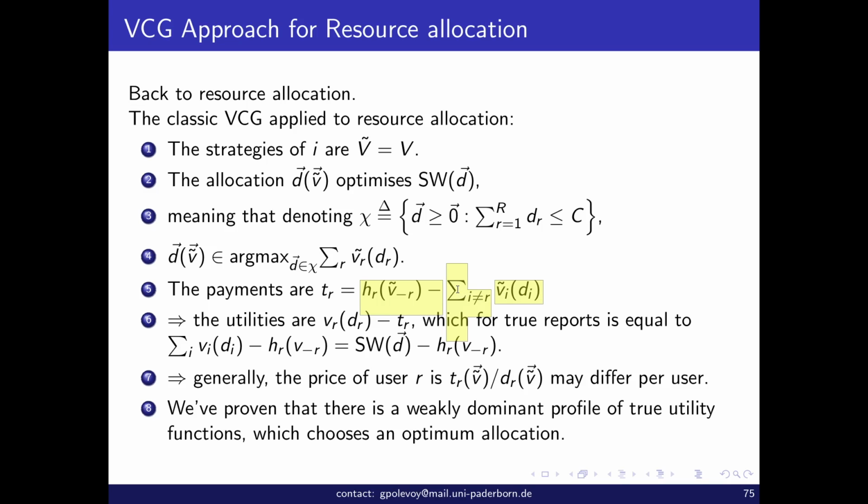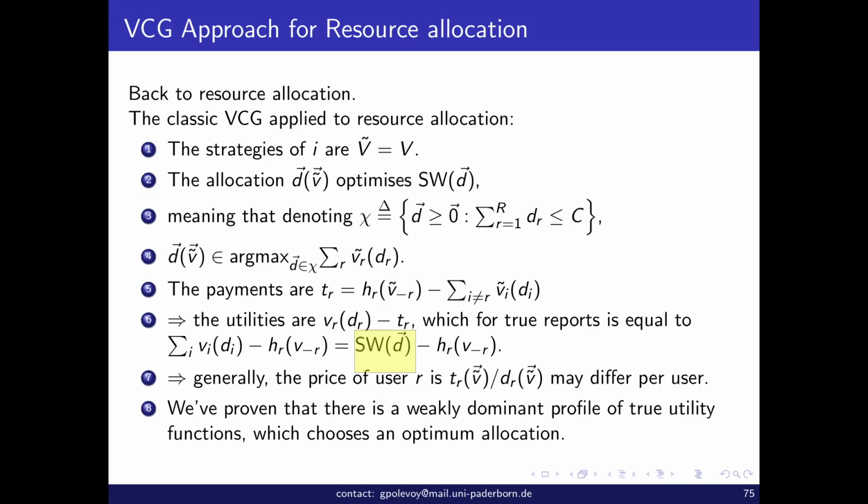So then the sum of the V tildes is just the sum of the V's, and together with the V of I, it's simply the total sum of the V's, minus H_I of V minus I. Again, assuming that V and V tilde are the same, because we assume that they reported true. So basically, in this case, the utility of the player is simply the social welfare minus this H_I.